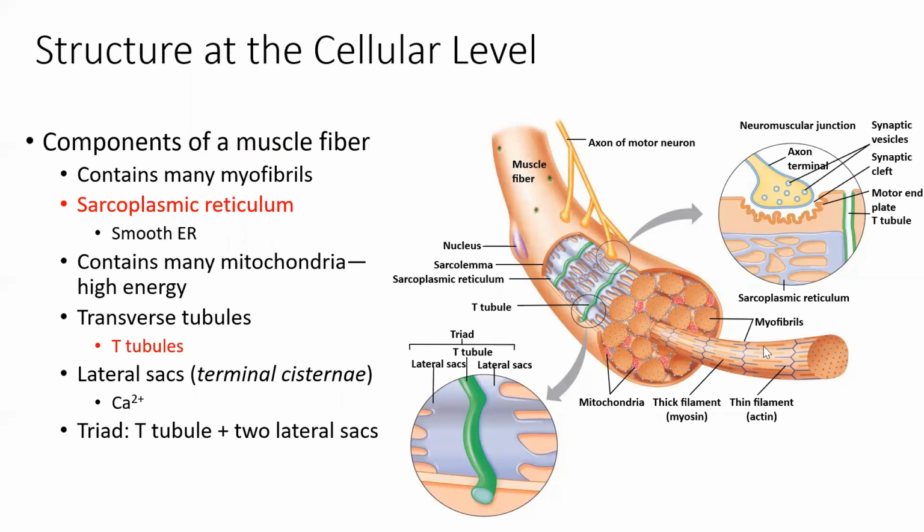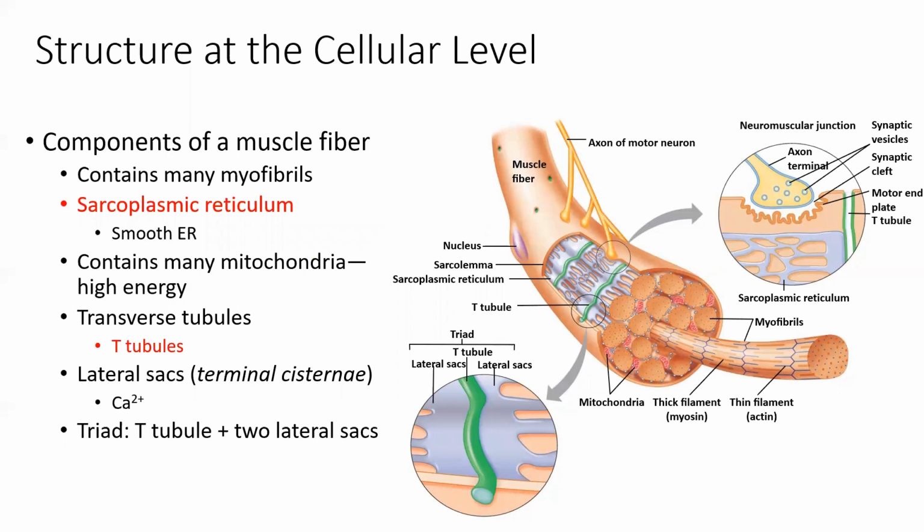And these have repeating units on them called the sarcomere. If you can see this one single myofibril that's been pulled out here, you'll see this repeating interdigitated unit along the length of the myofibril. From this blue line to this blue line, one of those segments is called a sarcomere. And that's going to be really important in understanding how muscle contracts.